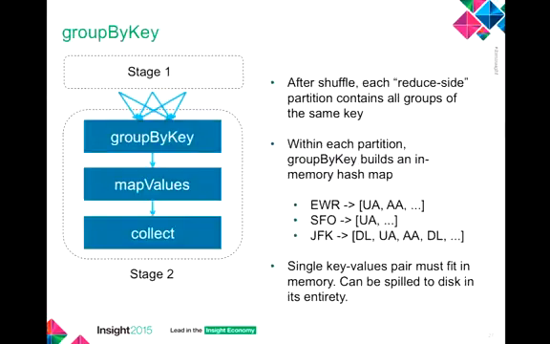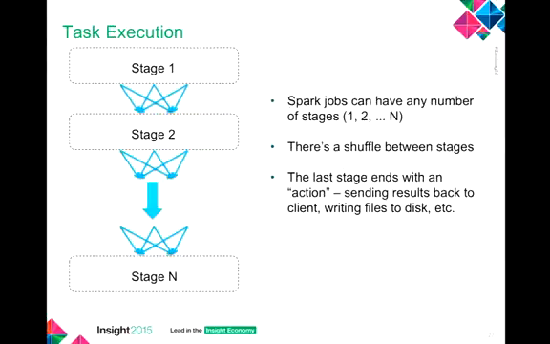But once the group by is done, everything else is business as usual, right? It's just like stage 1 we did. So stage 1, shuffle, stage 2, maybe there's another shuffle, and stage 3. It depends on how complex your job has to be, but you could have any number of stages.